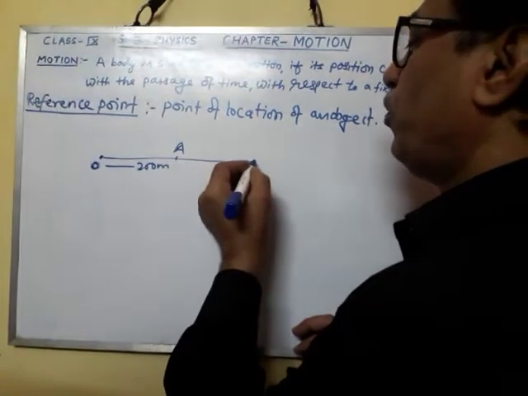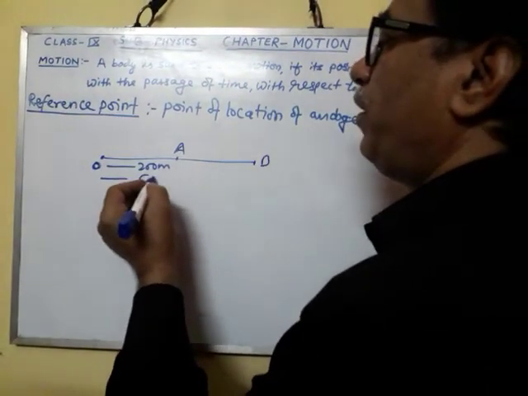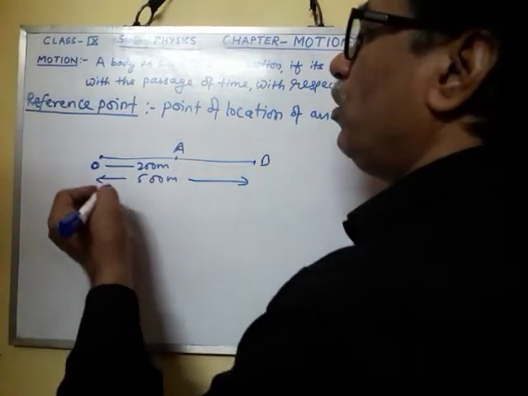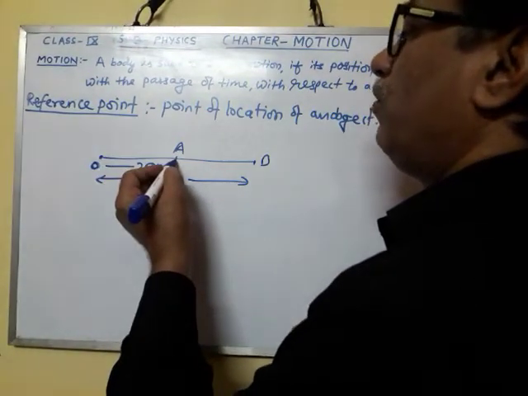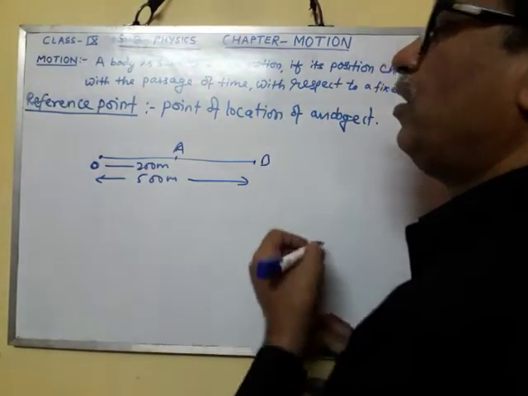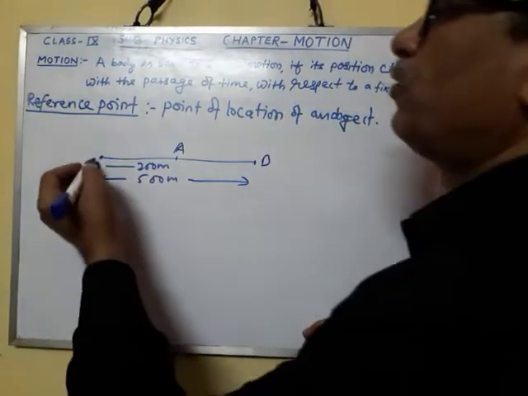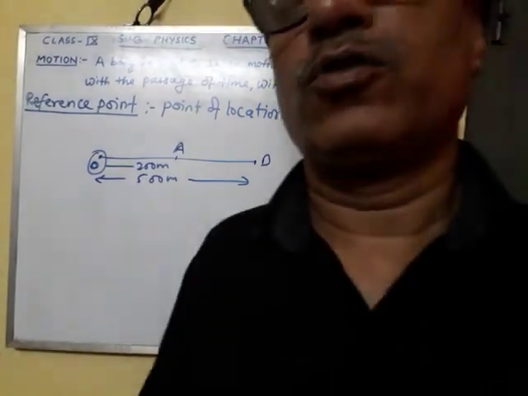Then the car goes to point B, which is, suppose, 500 meters from O. Therefore, the car changes its position from O, first to A, then towards B. There is a change in position with the passage of time with respect to the fixed point O. So, O is known as the reference point.